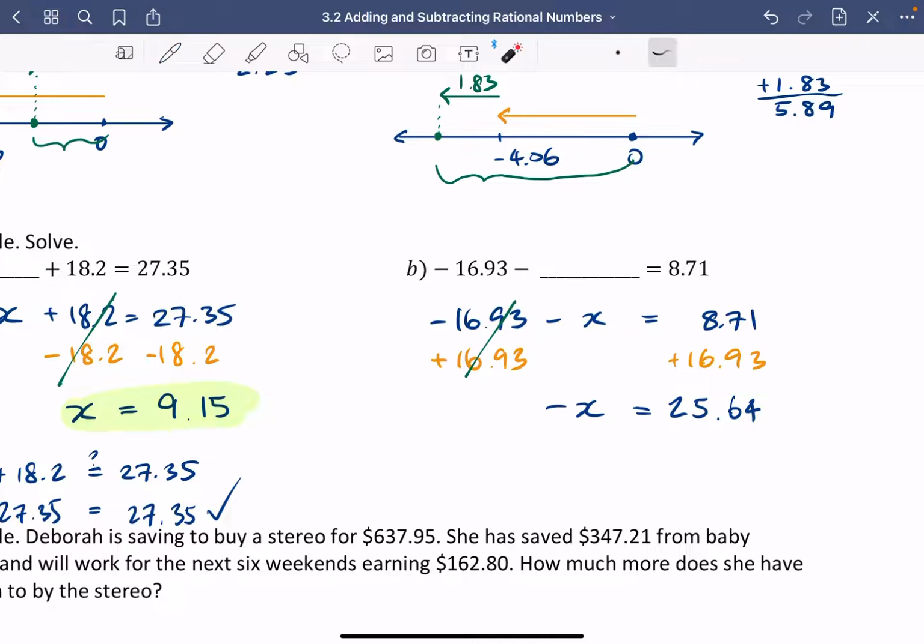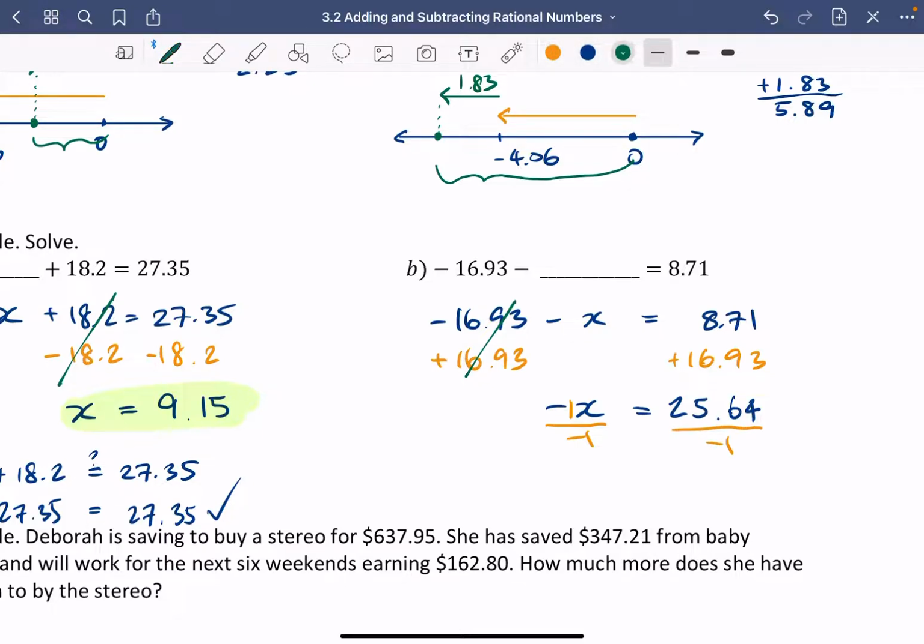And so I want to find x, not negative x. I need to get rid of this negative. And you guys know that whenever you don't have a number in front, it means there is a 1. It's an invisible 1. So to get rid of the negative 1, it's -1 times x. We're going to do the reverse of multiplying, so dividing by -1 from both sides.